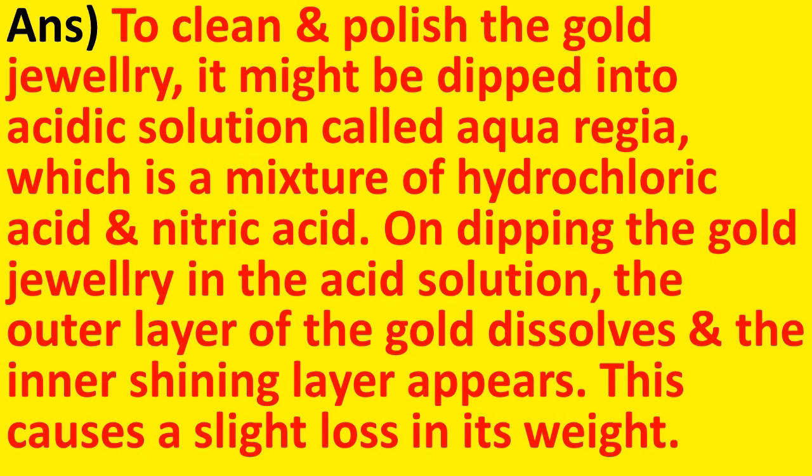Answer: to clean and polish the gold jewelry, it might be dipped into acidic solution called aqua regia, which is a mixture of hydrochloric acid and nitric acid. On dipping the gold jewelry in the acid solution, the outer layer of the gold dissolves and the inner shining layer appears. This causes a slight loss in its weight.